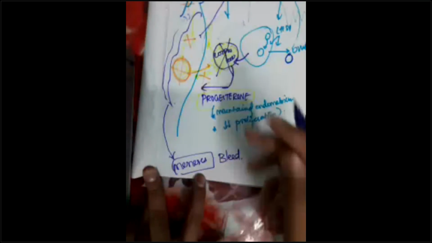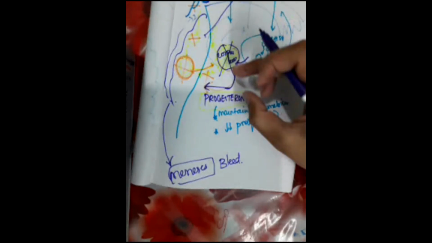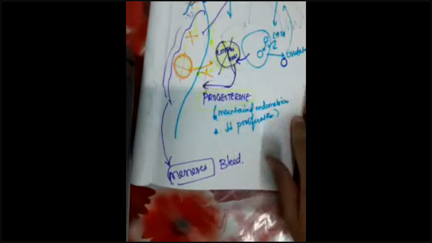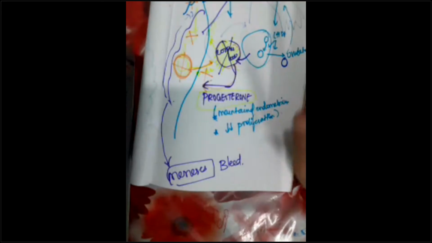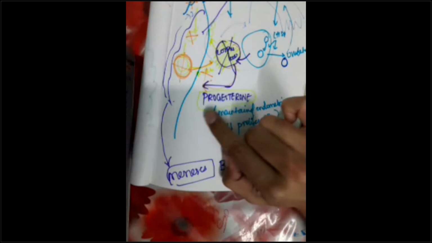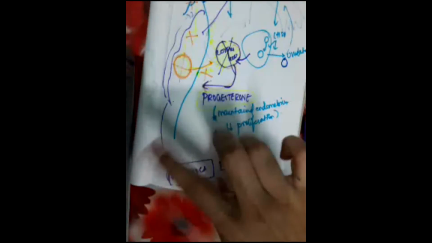Why is bleeding occurring? Because there is no fertilization, there is no hormone to maintain the corpus luteum, so there is no progesterone. You have to mention this term: due to progesterone withdrawal. Write down in big letters: due to progesterone withdrawal, my menses is occurring.